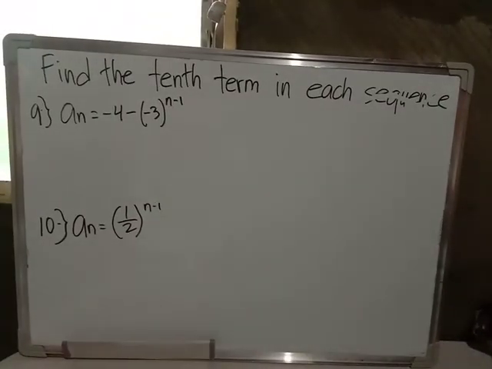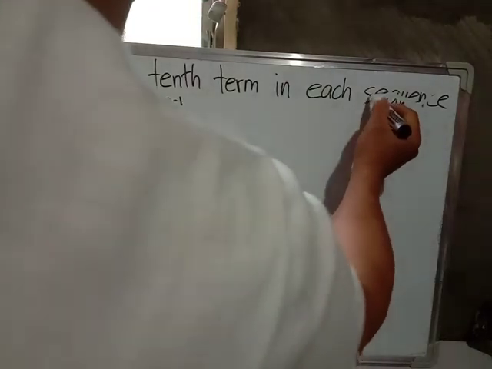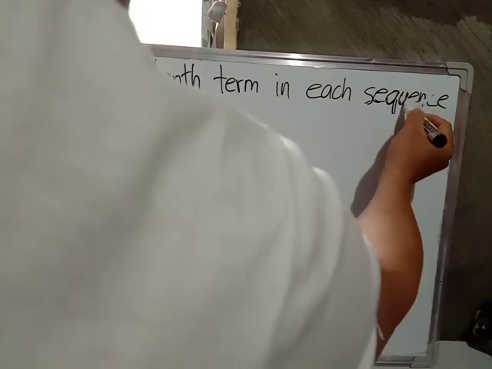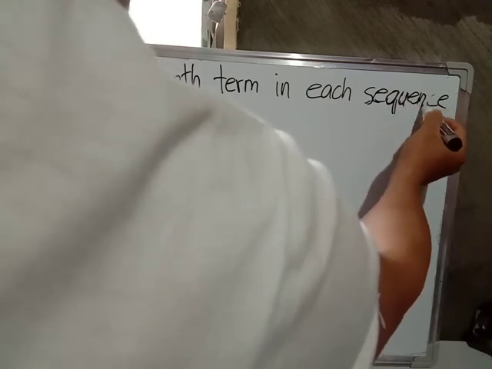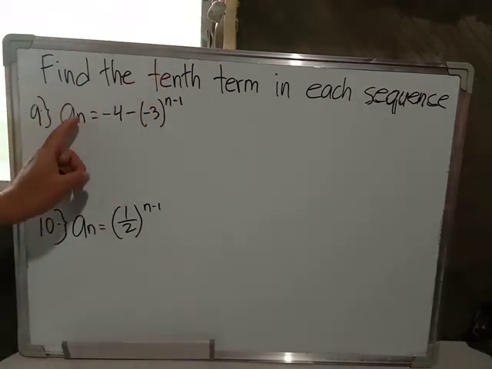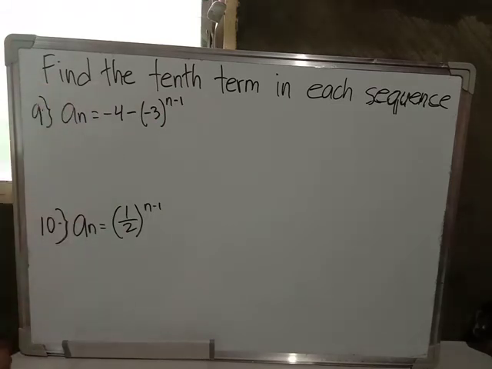Okay, example number 9 and 10 ay may bagong instruction, which is find the 10th term in the sequence. Since 10th term naman, substitute lang natin si n. So, 10 into n.